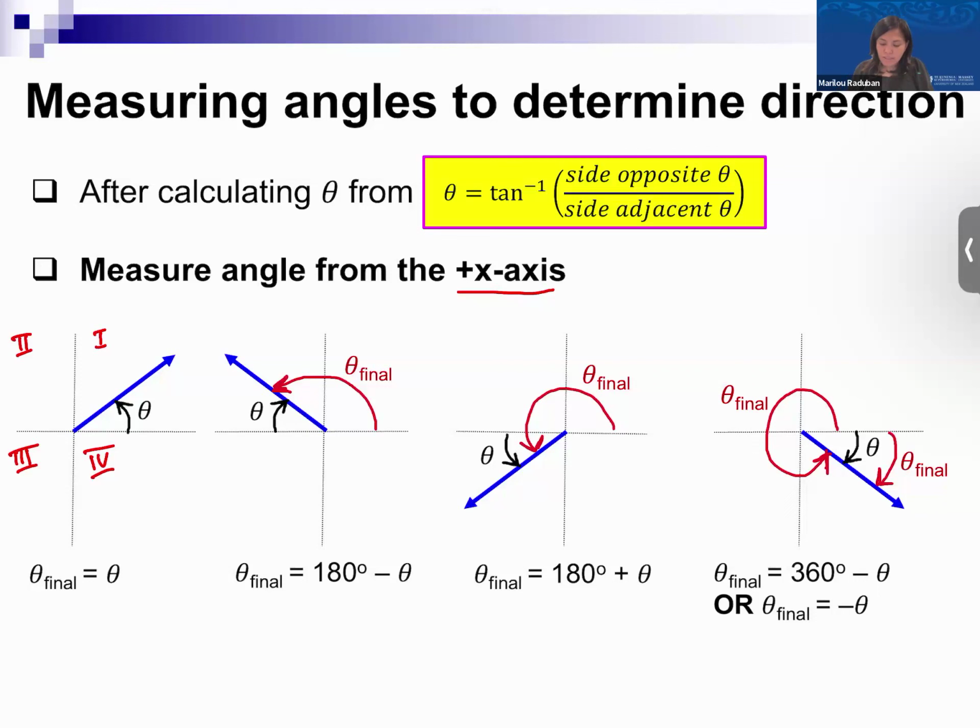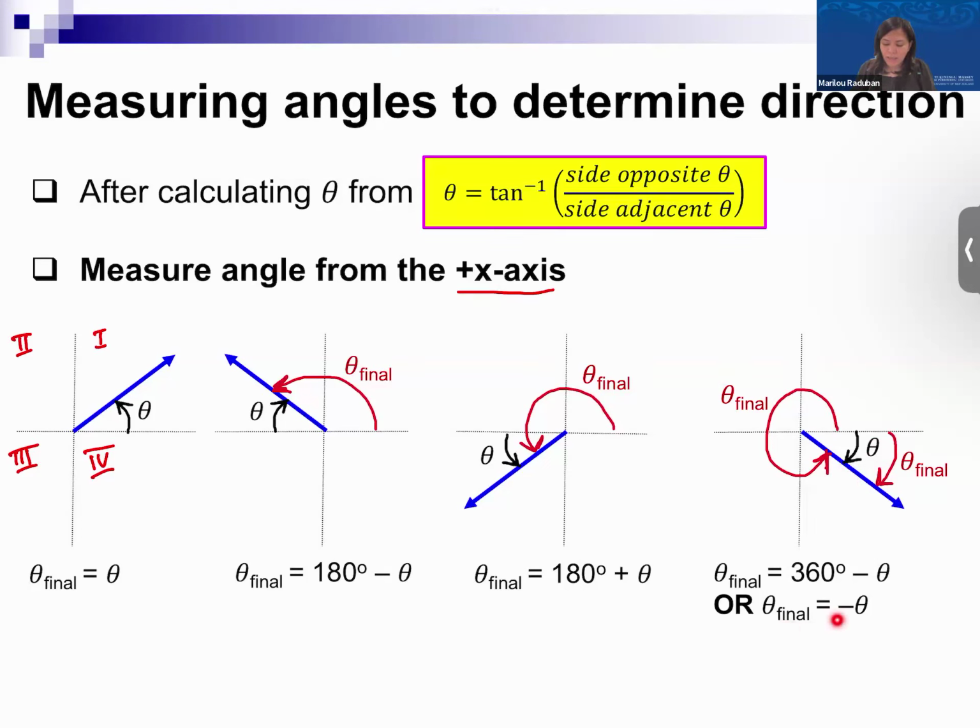But notice, it's different from the first case, because in the first case, the angle theta is measured from the positive x-axis to the resultant vector in an anticlockwise direction. Whereas for the fourth case, where your resultant vector is in the fourth quadrant, the angle theta is measured from the positive x-axis to the resultant in a clockwise direction.